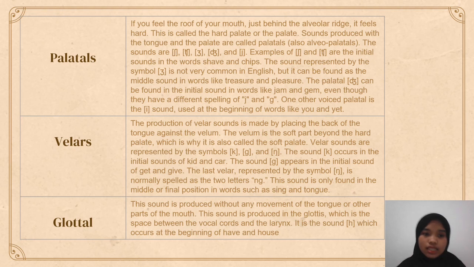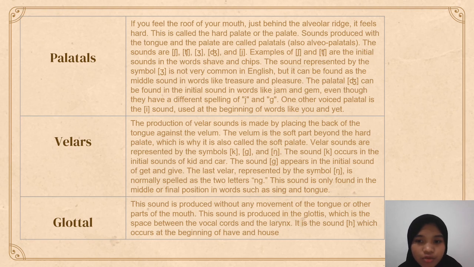So the next is palatal. If you feel the roof of your mouth just behind the alveolar ridge, it feels hard. This is called the hard palate or the palate. Sounds produced with the tongue and the palate are called palatals. Examples are the initial sound in the words chef and chips.